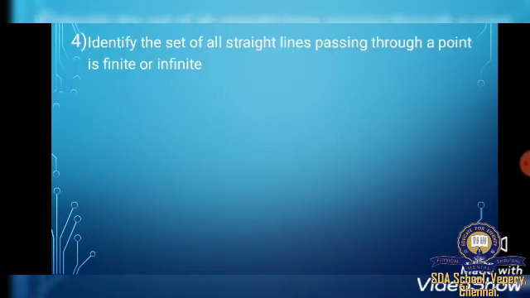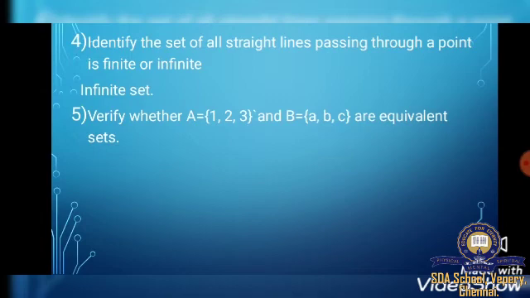Next, identify whether the set of all straight lines passing through a point is finite or infinite. Yes, of course, it is an infinite set, so the lines go on. We don't know how many lines pass through the point, so it is an infinite set. Next, verify whether A is equal to {1, 2, 3} and B is equal to {a, b, c} are equivalent sets.